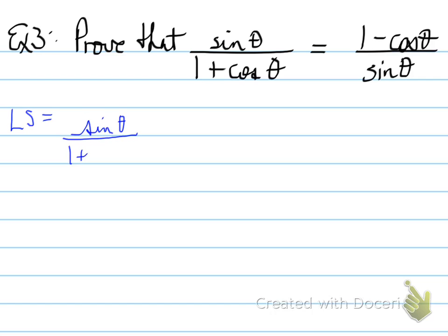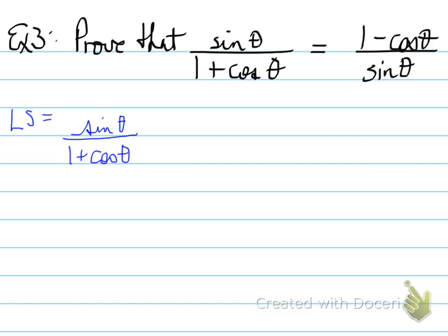Left side, you have sine theta over 1 plus cos theta. That's the left side. What can we do? Well, if both of these fractions were on one side, we would find a common denominator. So the idea is to manipulate both sides by multiplying by a magic number 1. The idea is that we can multiply anything by 1. 1 times anything remains the same.